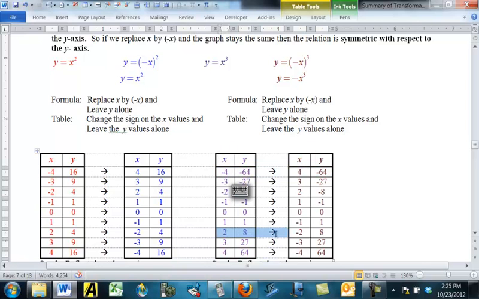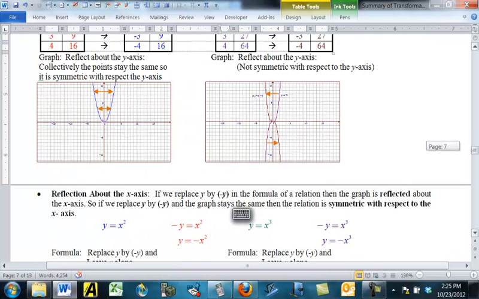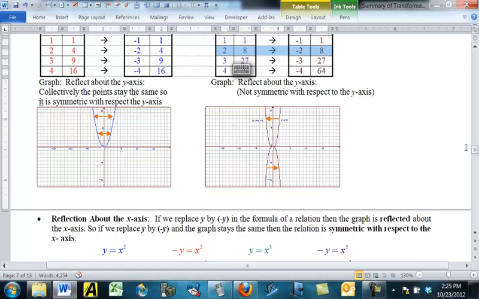First quadrant points like (2, 8) are going to be sent to second quadrant points like (-2, 8). So it's going to flip over the y-axis: the stuff in the first quadrant goes to the second, and the stuff in the third goes over to the fourth. Since that ends up being a different set of points, it's not symmetric with respect to the y-axis.